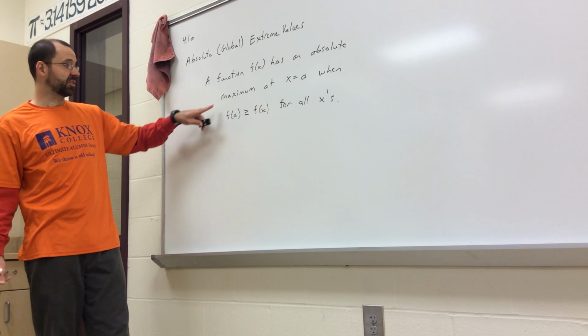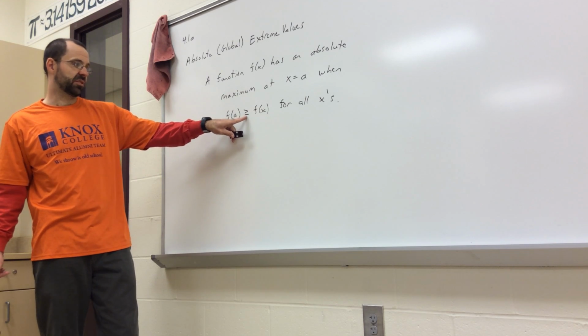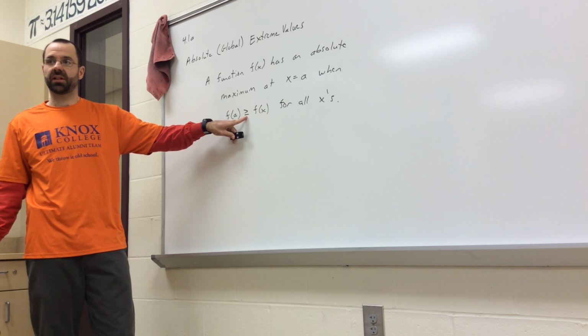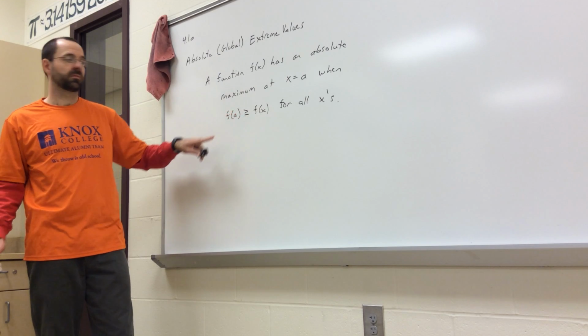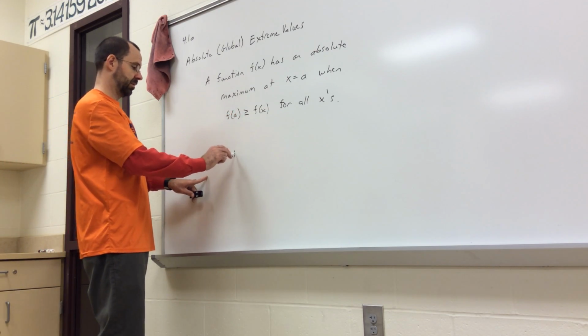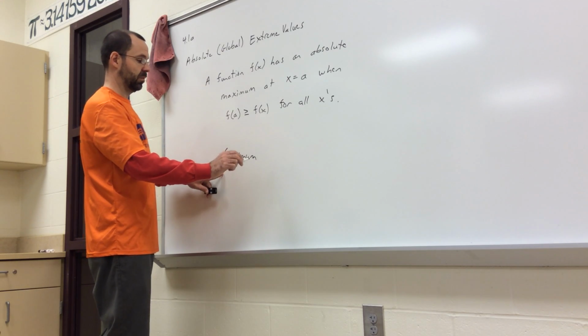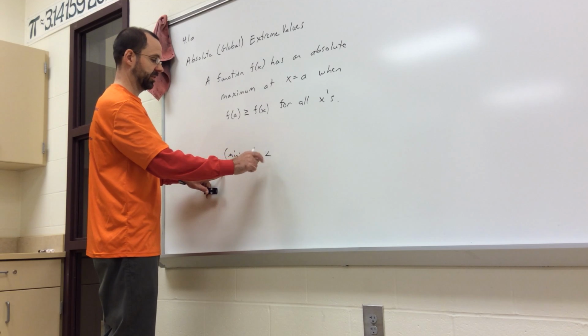And then I could change this word to minimum, and then I would just have to change this to a less than or equal to sign. So a function f has an absolute minimum when it's less than or equal to.